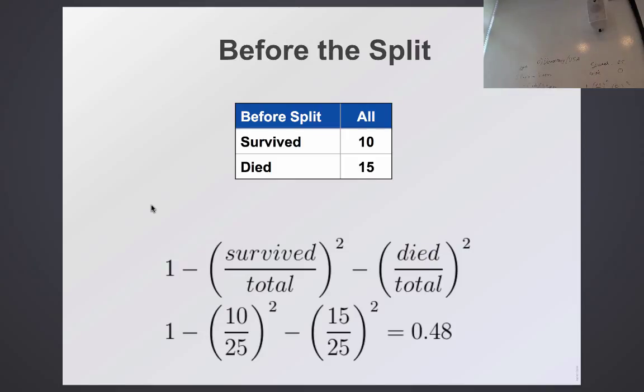It is very pure, because everyone's in one class and no one's in the other. Now, what if it were 12 and 13? That's pretty much half and half. It'd be 1 minus 12 over 25 squared minus 13 over 25 squared, which, does someone have a calculator? I didn't actually do this beforehand, I should have. I'll estimate it. They're both about 0.5, so 0.5 squared. It's about a half.